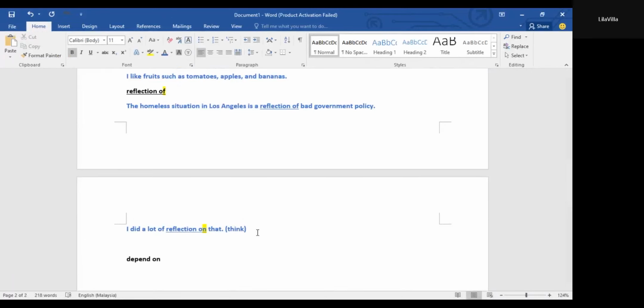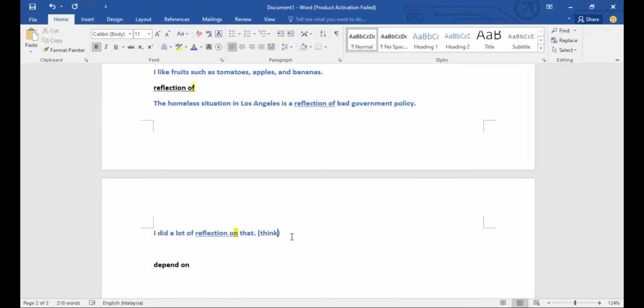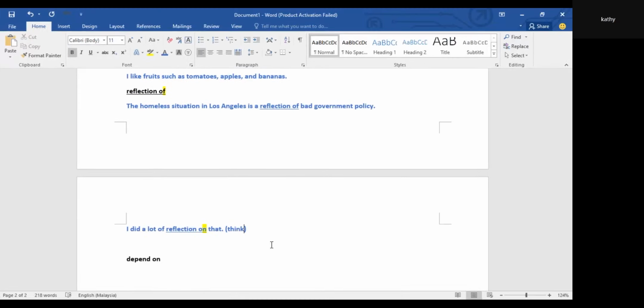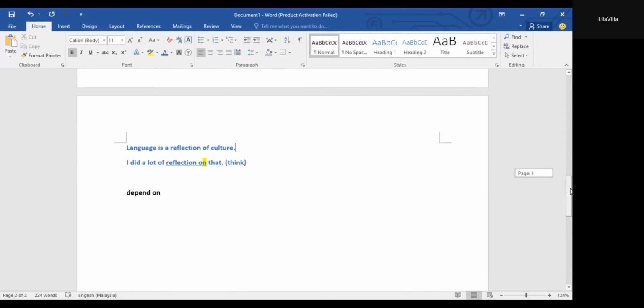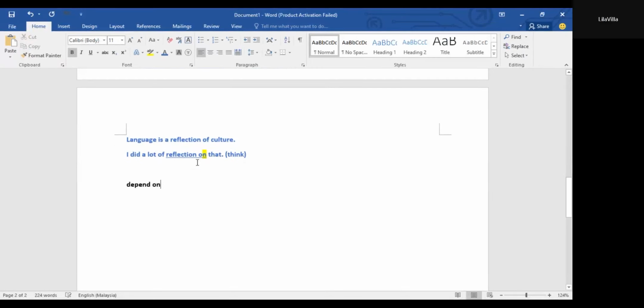So you can use it to show cause and effect. Let me make another sentence. Language is a reflection of culture. That's a very good sentence, and that is true. All right, that's it.